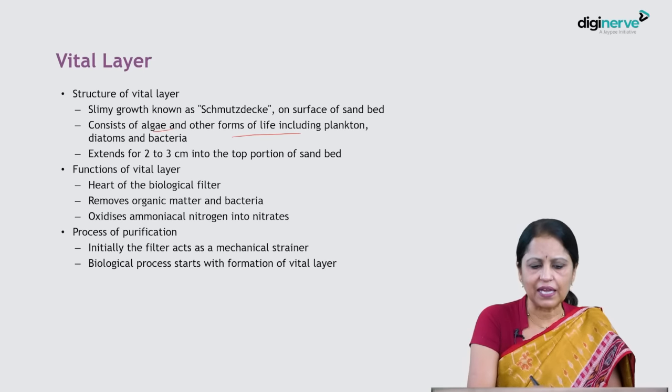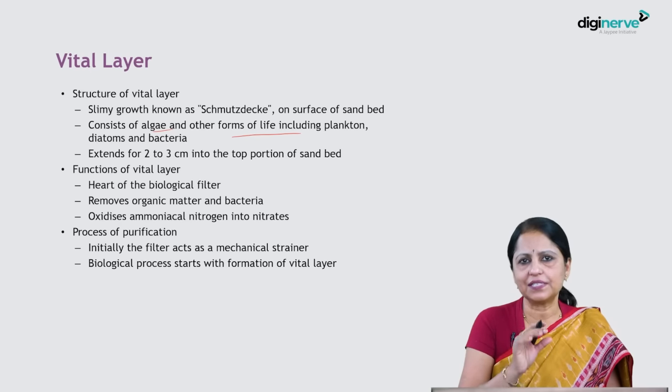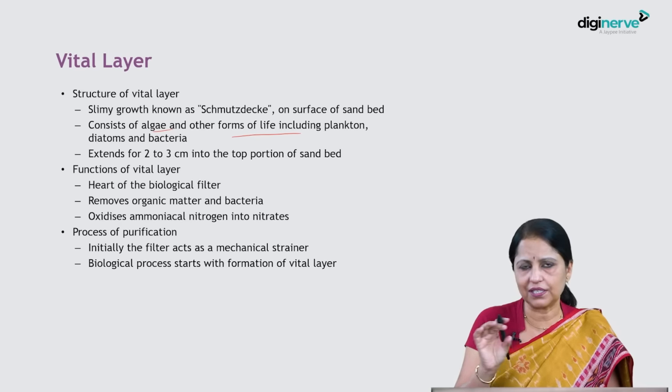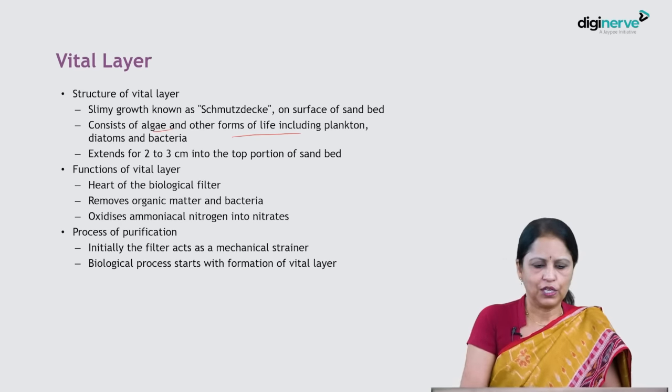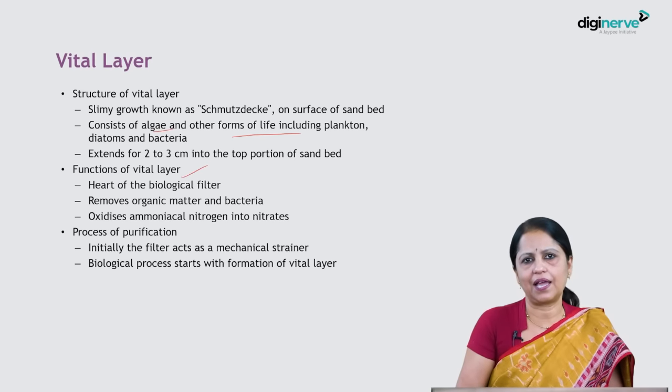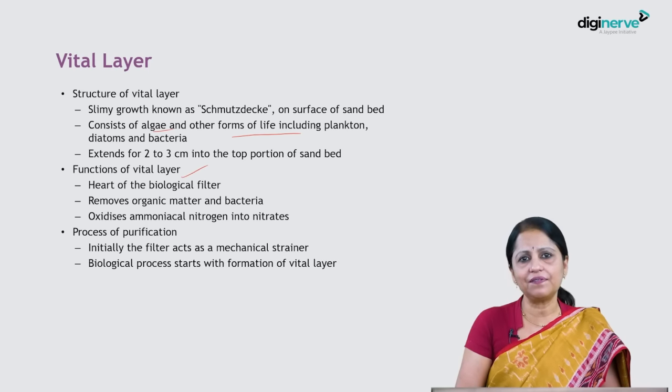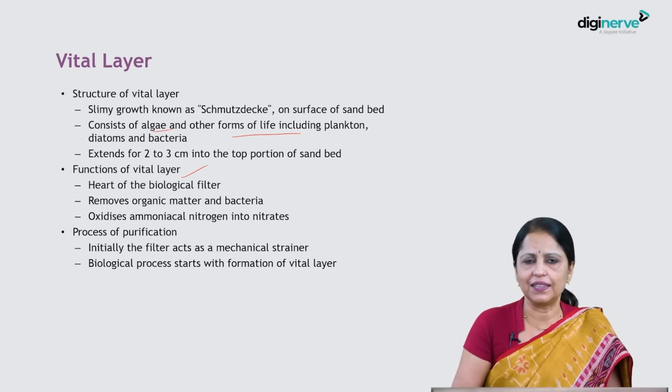These algae and bacteria settle down on that and gradually they thicken and the layer forms. This layer is very important. As it is named vital layer, it is very vital for purification in this process.